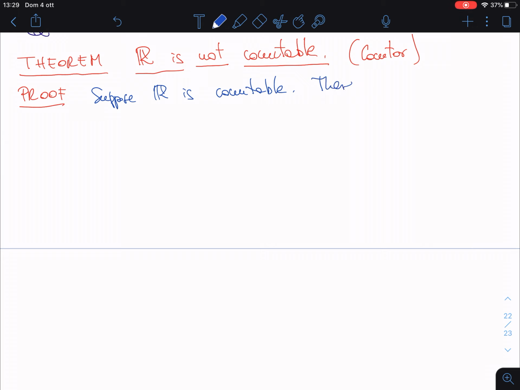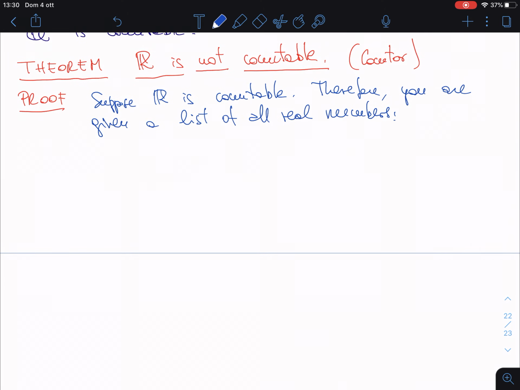Therefore, you are given a list of all real numbers. And this list is made like that. There is the first number, which is n1 dot, and here you have beta of the first number, first digit, beta of the first number, second digit, beta 1,3, up to beta 1k, and so on and so on.